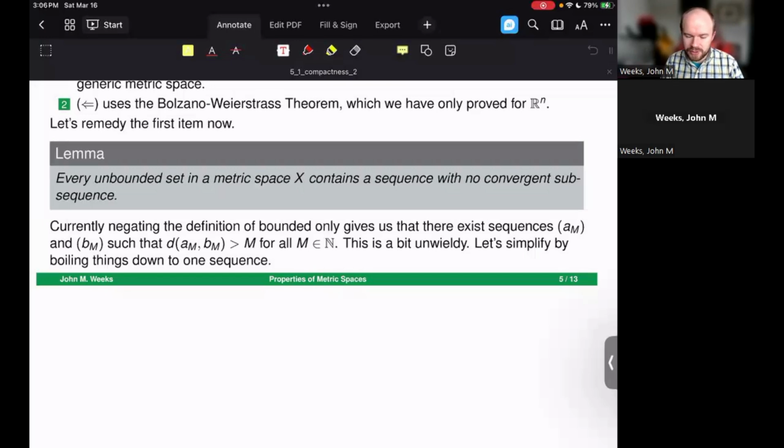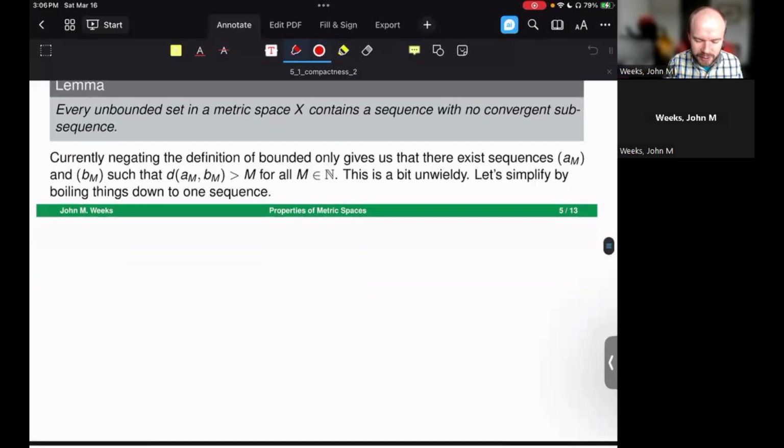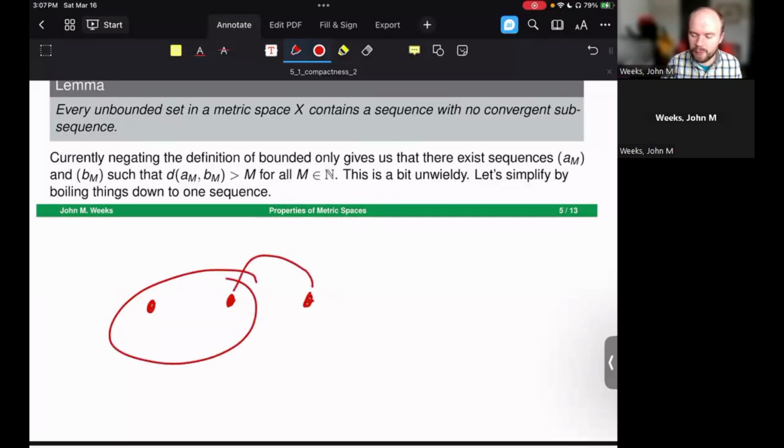What we're going to attempt to do in this proof that's to come is to create a point in a sequence, and we want our second point to be farther away from any other point that came before it in the sequence. If I'm able to continue to say this point is not only far enough away from the previous point in the sequence, but any points that came before it, then I'm able to say no subsequence here can be convergent at all, because there's no way that you can get a Cauchy subsequence out of that.